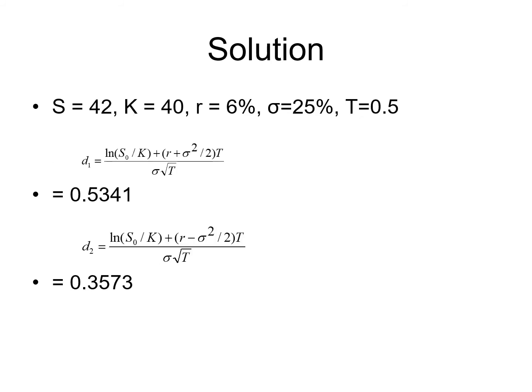Solution. We list the variables: S equal to 42, K equal to 40, r equal to 6%, sigma equal to 25%, T equal to 0.5. 6 months is half a year. Then we can calculate D1 and D2.